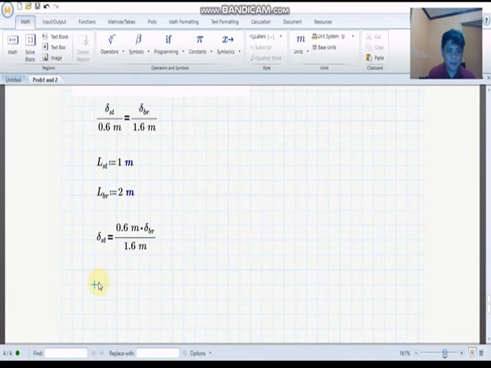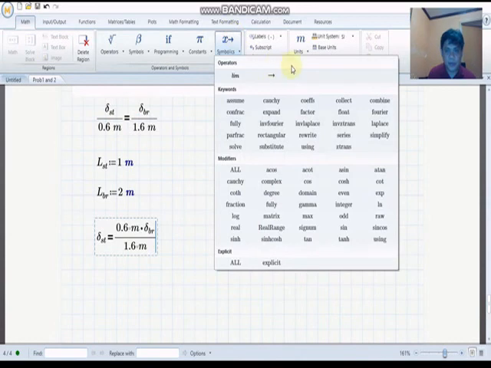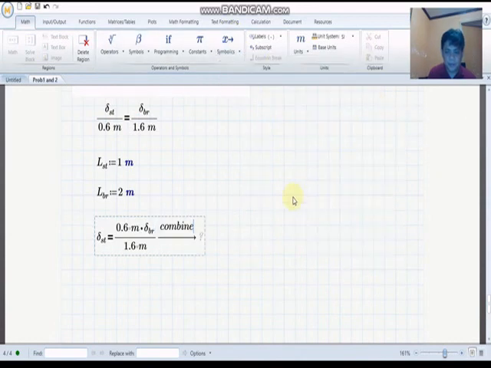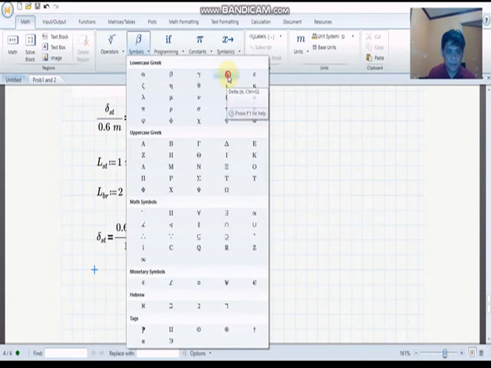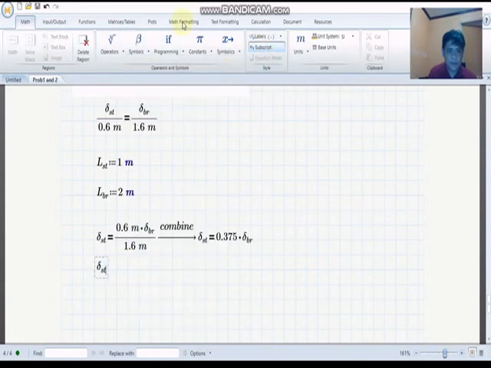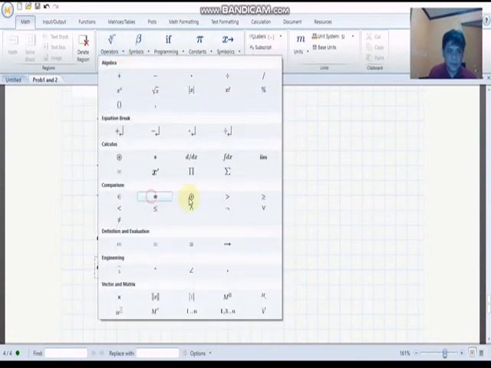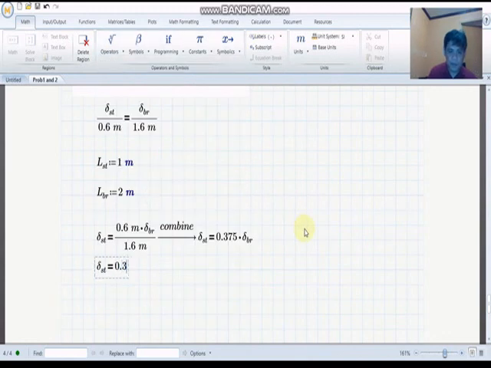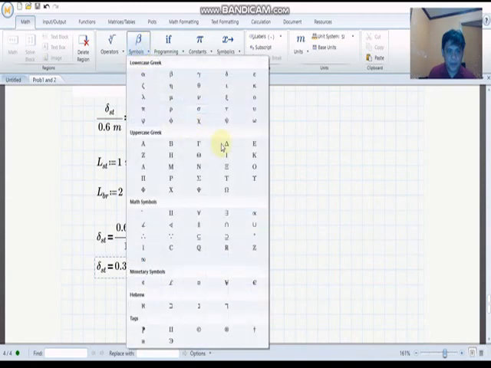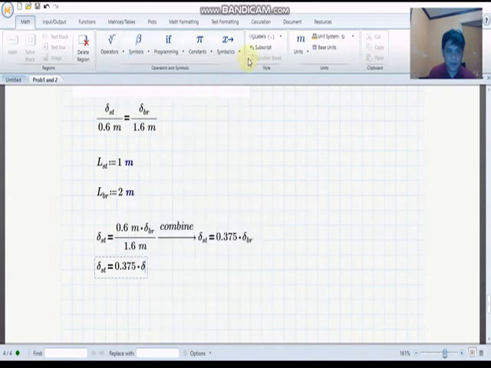Then let us express this in terms of the stress, if we can simplify this one. So we have this new relationship: steel is equivalent to 0.375 the deformation of the bronze.